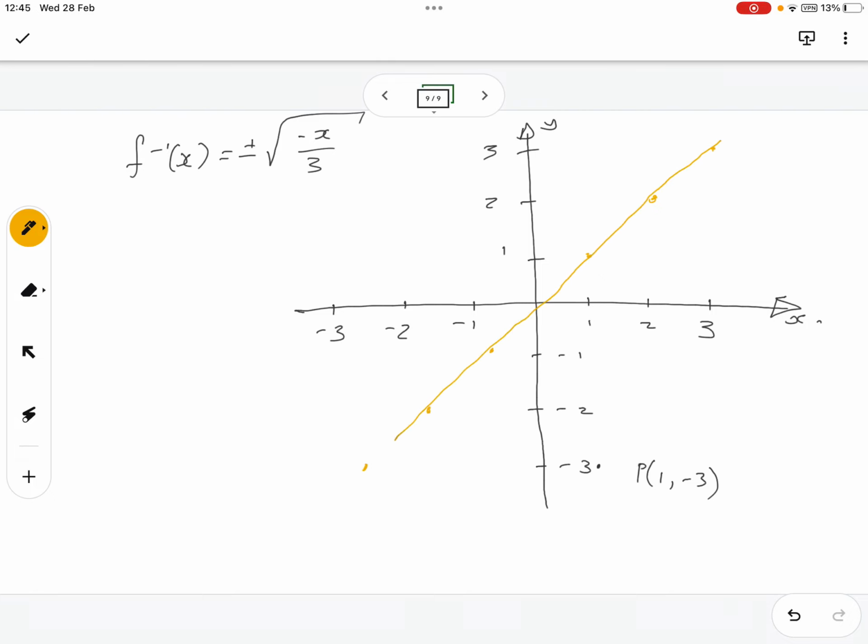I'm just gonna draw the line. Oh no, it's not exactly straight, and it doesn't pass through 0, 0, so I'm gonna redo it. Okay, there's y equals x.